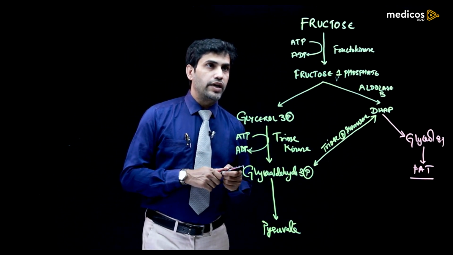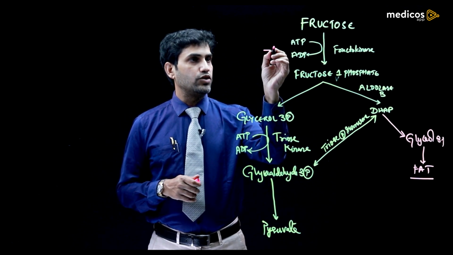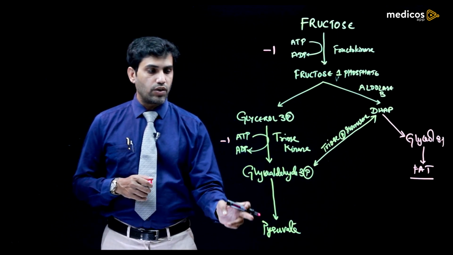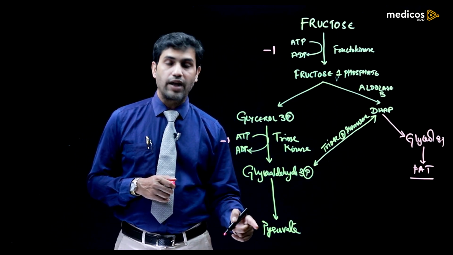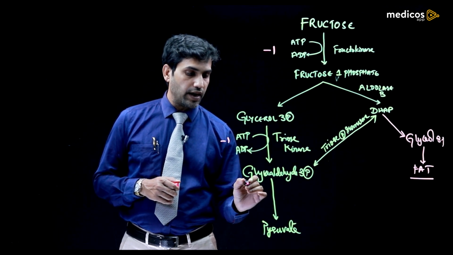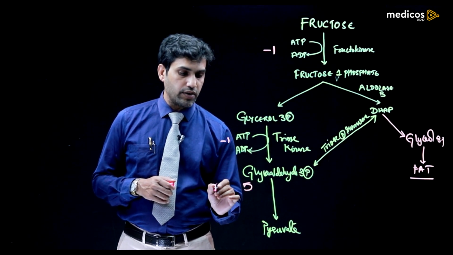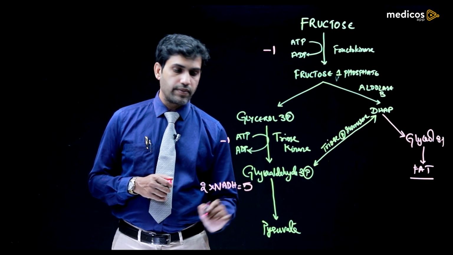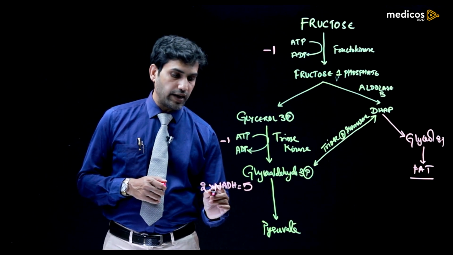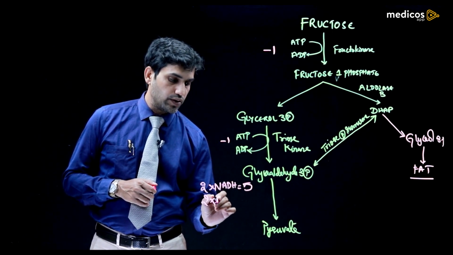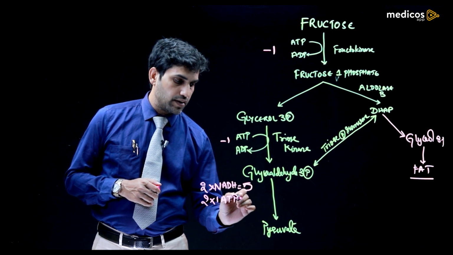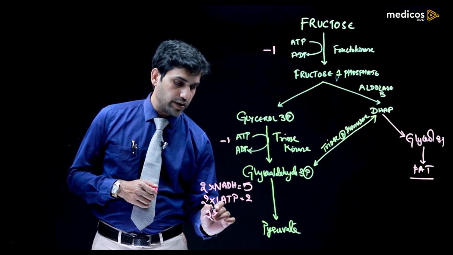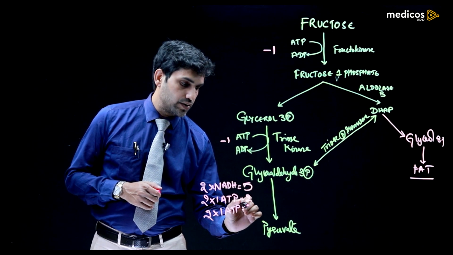Now, at this step there is minus 1 ATP, and at this step there is minus 1 ATP. From glyceraldehyde to pyruvate, we have seen that 5 ATP are produced from 2 NADH, 1 phosphoglycerate kinase reaction, so 2 into 1 ATP, that is 2 ATPs, and 1 pyruvate kinase reaction, that is 2 into 1 ATP, which is 2 ATP.